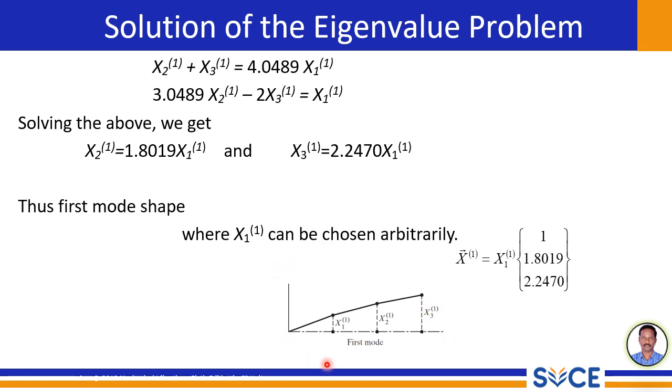So this implies the deflection of this system at the third mass is 2.24, the second mass is 1.8, and the first mass is 1. This corresponds to the first mode of vibration. That is, for the first natural frequency, the mode of vibration will look like this. In the next slides we solve for the second and third modes of vibration.